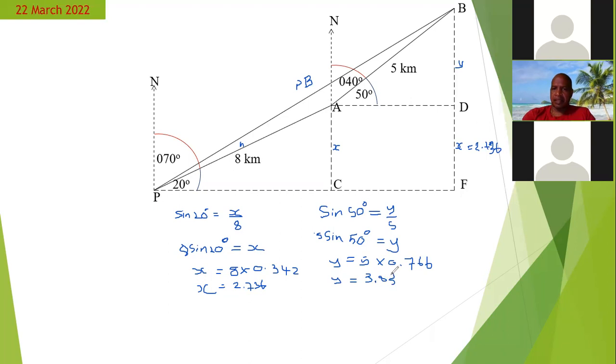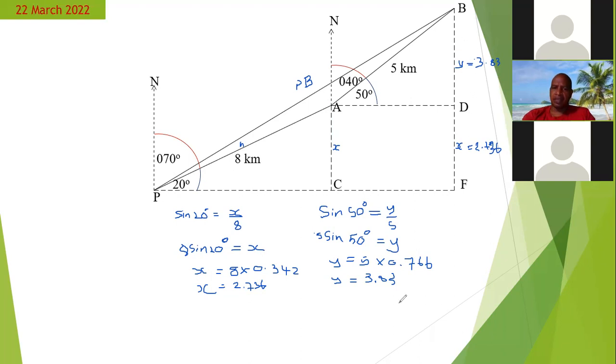All right, what next can we do? We can add the 2.736 plus the 3.83 to get the full length from F to B, sir. So we could do that. And what would be that full length?